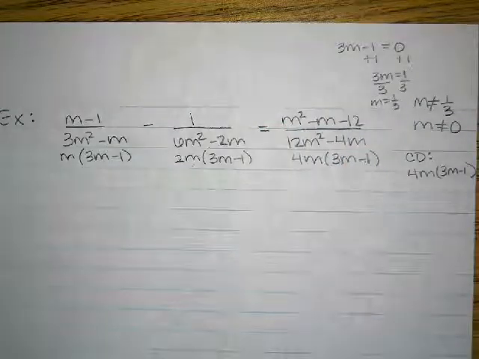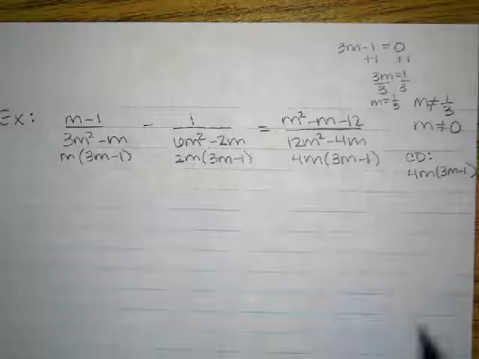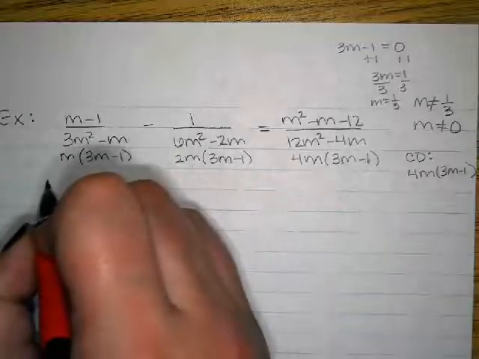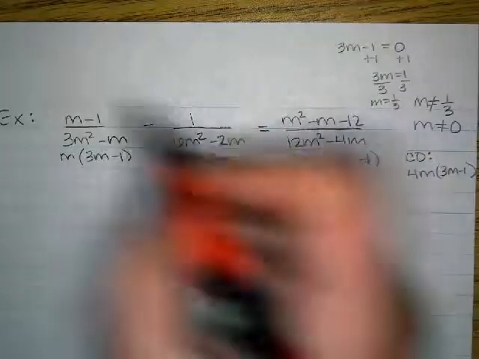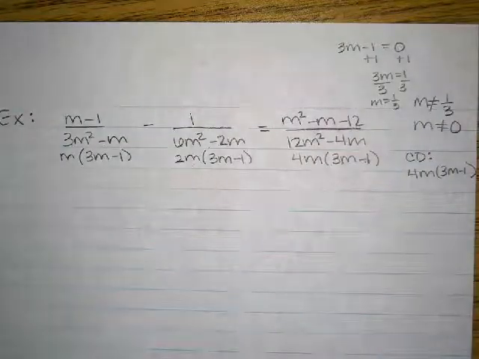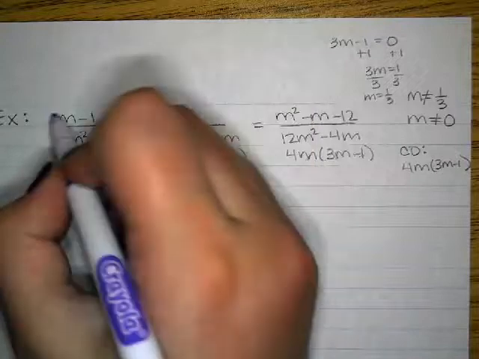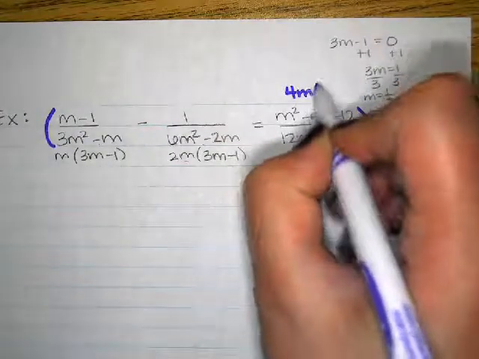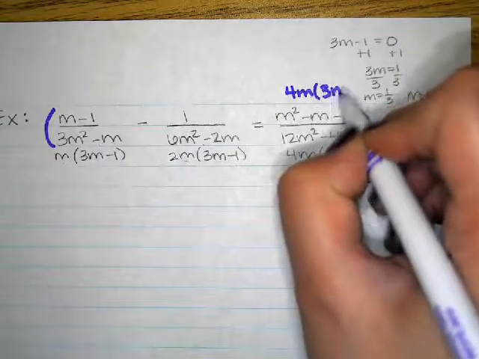Okay, so I'm going to say this whole thing multiplied by 4m times 3m minus 1. That's what I'm multiplying it by. I don't have a lot of space, but I don't feel like writing this a bunch of times.